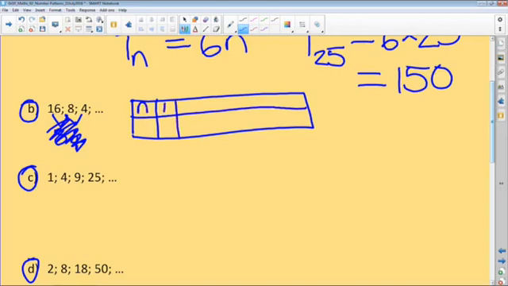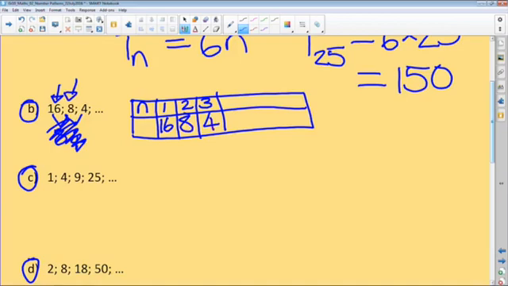So remember, the first row is the number of terms. My first term, in other words term 1, is 16. My second term is 8. And my third term is 4.